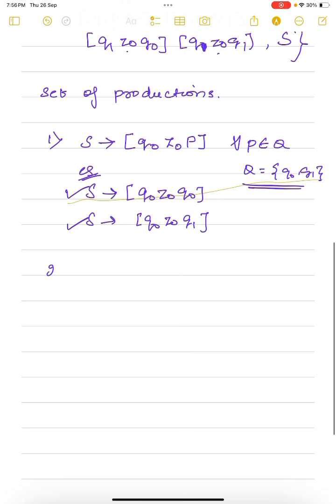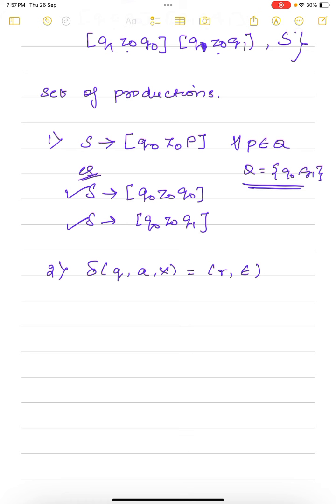The second rule is, suppose you have a transition of the form delta of Q comma A comma X equal to R comma epsilon. This comes from a pop operation.